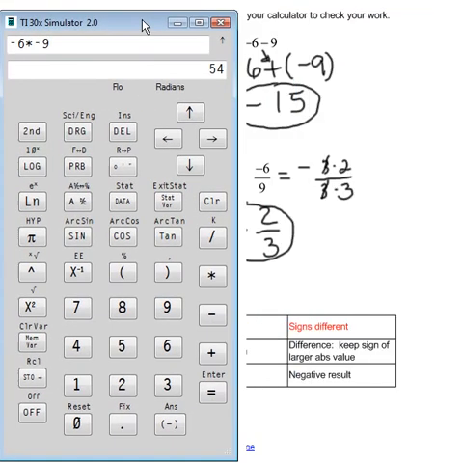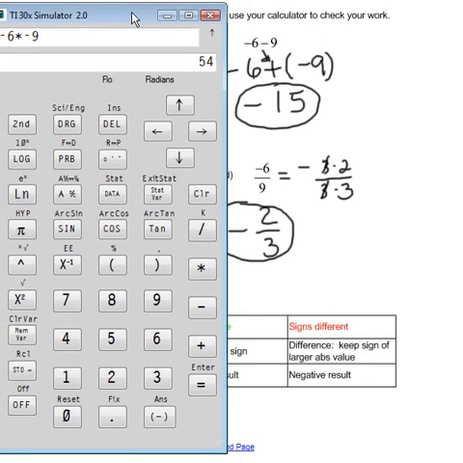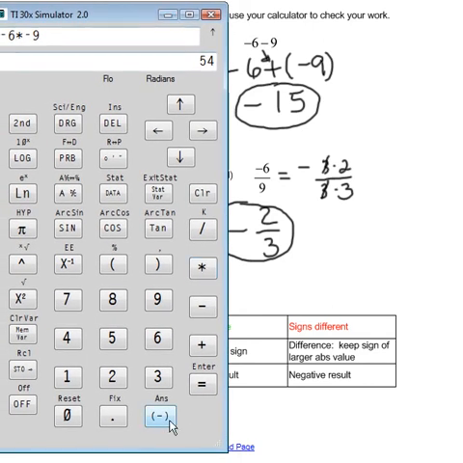Let's move the calculator over this way and check our other two problems. So -6 minus 9, -6, then we're going to use the minus over here, minus 9 equals -15, just like we saw.